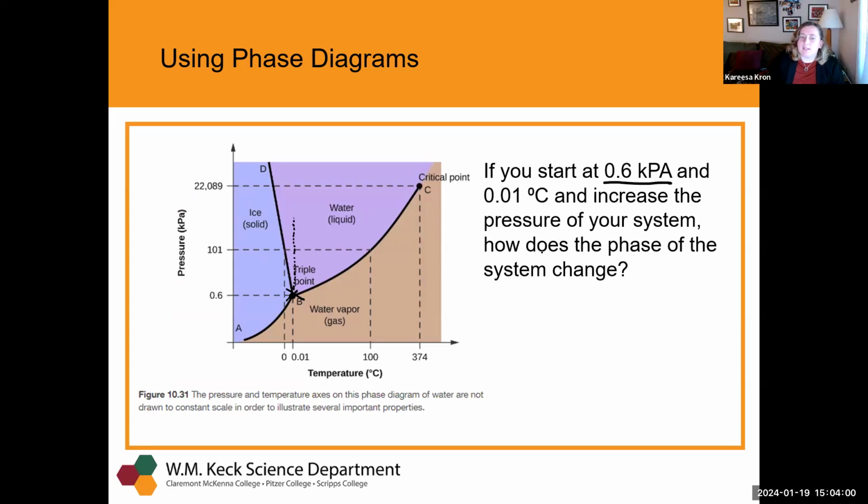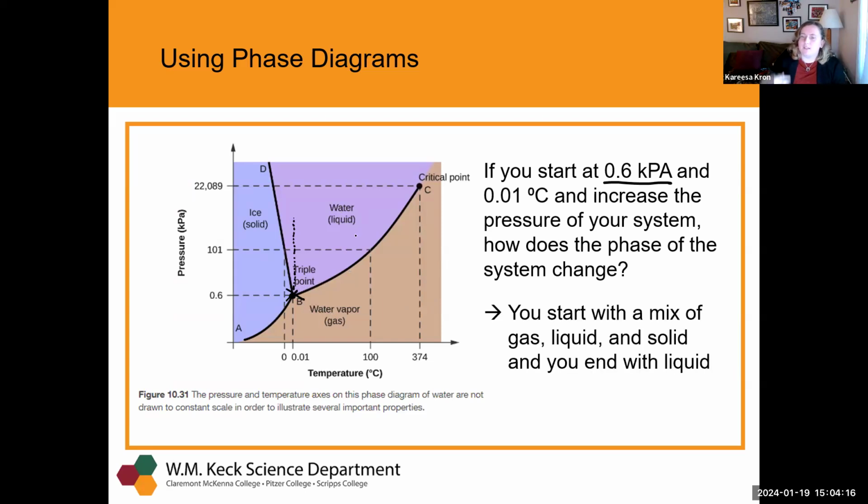So if you're at the triple point, then we start with a mix of gas, liquid, and solid in equilibrium with each other. And then if you increase the pressure, we move into the liquid phase.